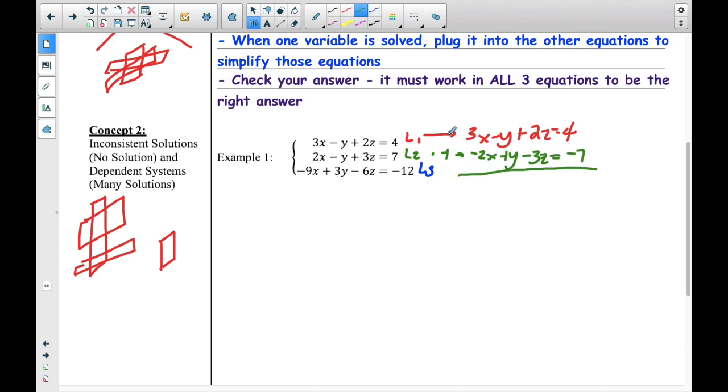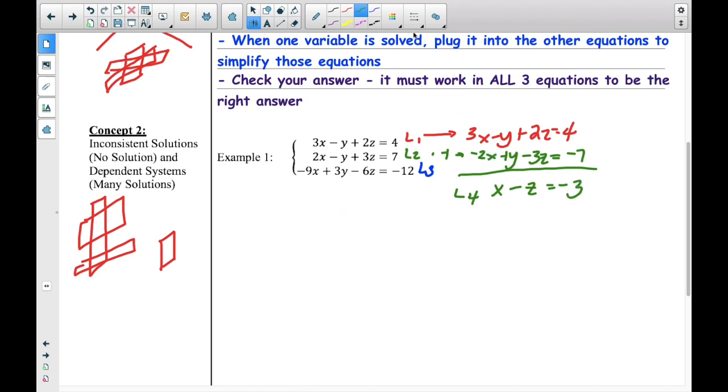Because I could see really quickly that those y's are going to cancel out. So now if I add these together, I'm going to get what I call L4: x, the y's drop off, minus 1z is equal to -3. Okay, I dropped off my y's.